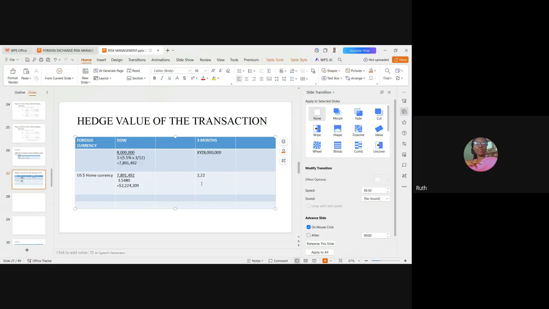$2,240,891. Okay, so that is 224,209 multiplied by what? By 1 plus R. And what is R? It is 3% multiplied by 3/12. Multiply by 3 divided by 12.